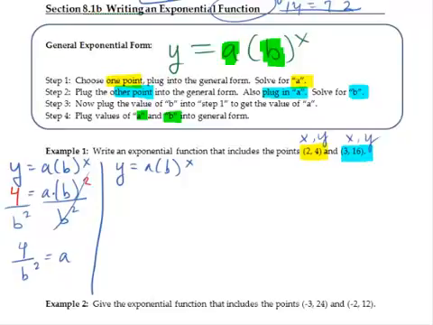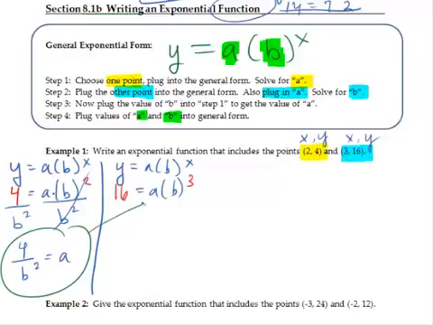Step 2 says to plug the other point into our generic form. So we're going to plug in 3 and 16, so 16 equals a times b to the third. And not only are we plugging in the point, we also need to plug in a. So this guy here is going to plug in as well. So we get 16 equals 4 over b squared times b to the third. Now when we have b to the third, that's the same as saying b cubed over 1.